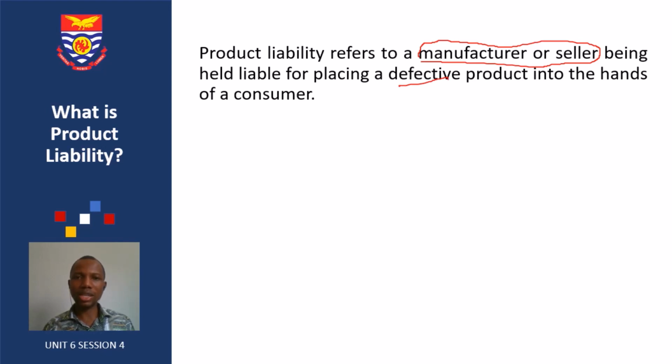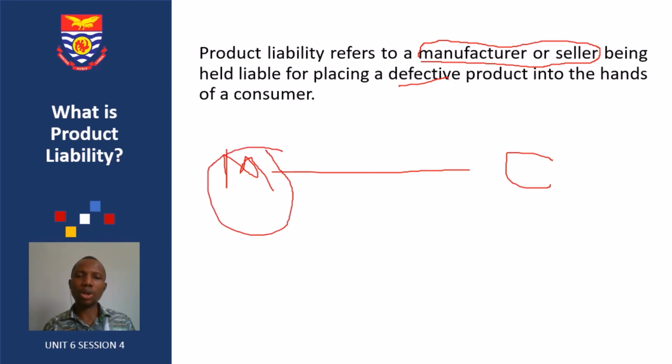So basically, where the manufacturer produces goods that are unhealthy or defective, and the consumer purchases that product and consumes it, and he or she suffers injury or falls sick, then the manufacturer will be responsible for placing those goods in the market or selling those goods to the consumer.